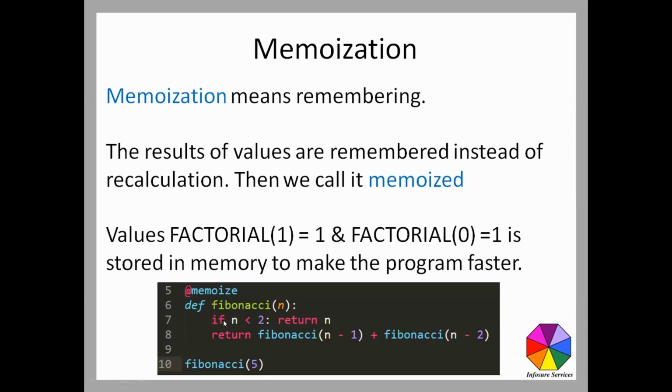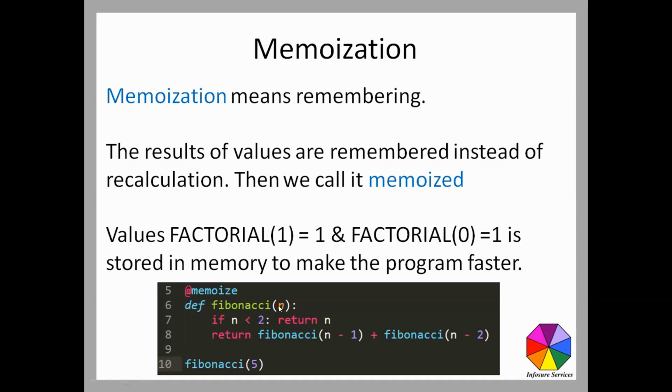But here is another example. We are looking at a Fibonacci number. Hope you know the Fibonacci number is adding the last two numbers. So the definition of that is also a recursive call.